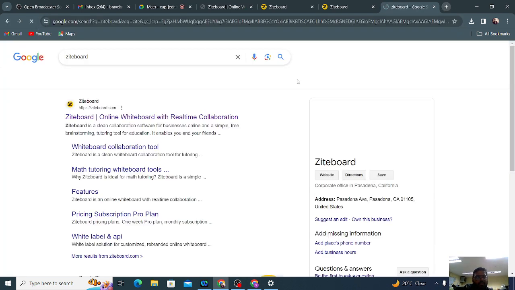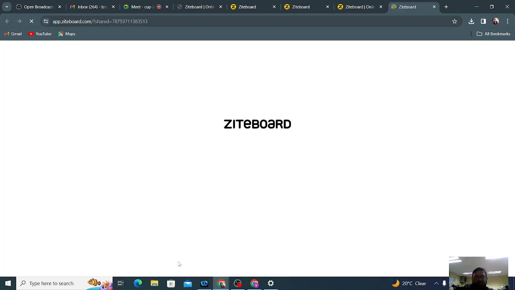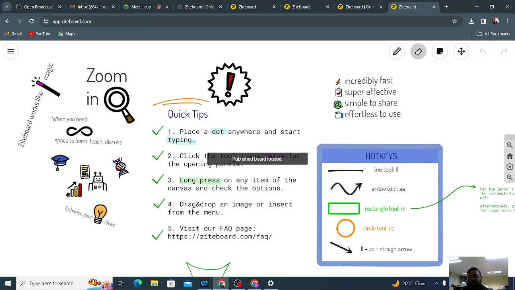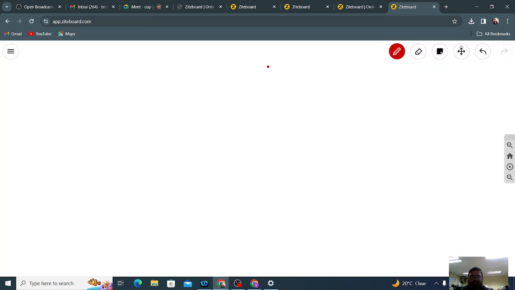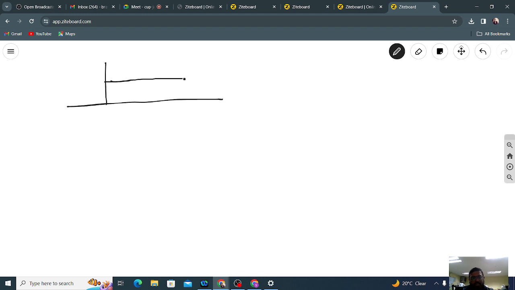Okay, so let me solve it. It is an intuitive type of thing. So this is a unit step function and it goes to infinity.